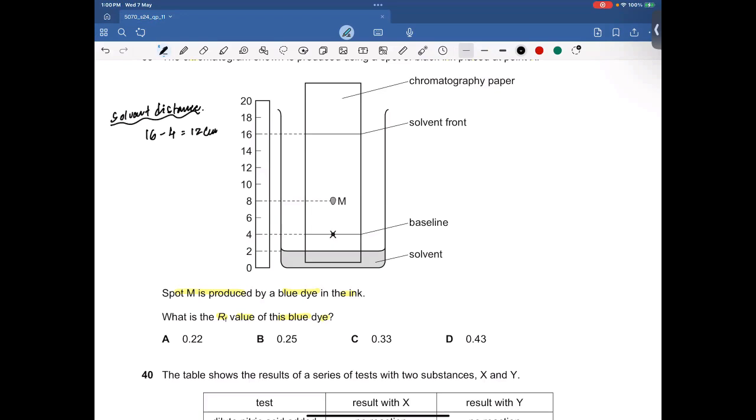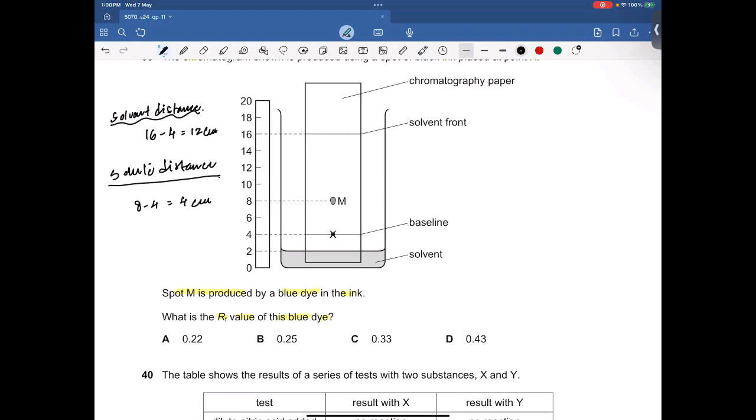Okay. Now we need to find out the solute distance. So this is 8, this is 4, 8 minus 4 is basically 4 cm.